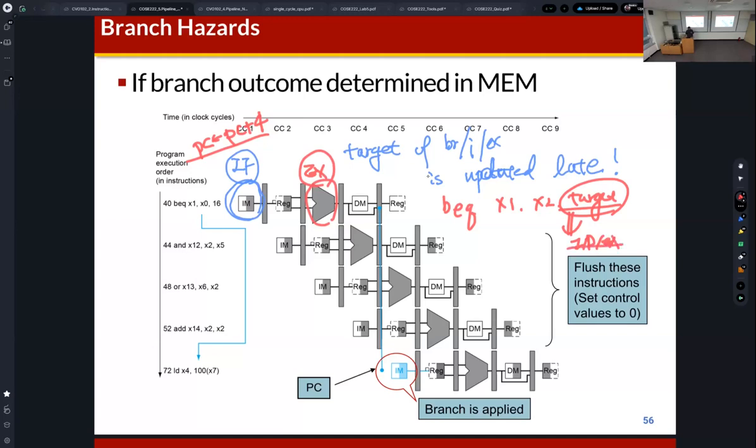It depends on the hardware implementation, but in order to compare the values in x1 and x2, the processor uses the ALU, right? So the ALU is used, and we can get this comparison result in the EX stage.